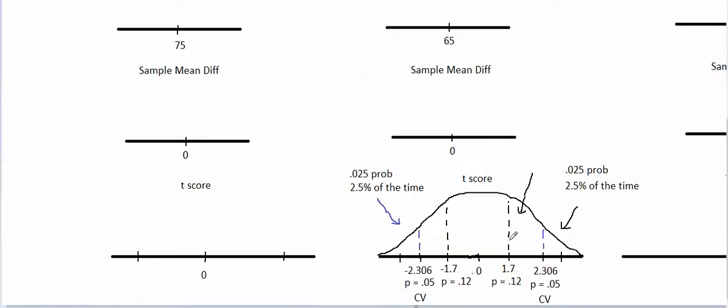To find it, you have to divide the p-value by 2. So 0.12, from the calculator, divided by 2 is 0.06. So this t-score of 1.7 has a 0.06 probability. Now I have to multiply 0.06 by 100.